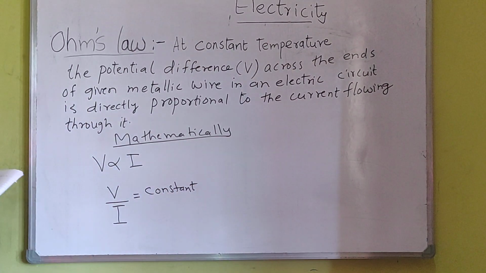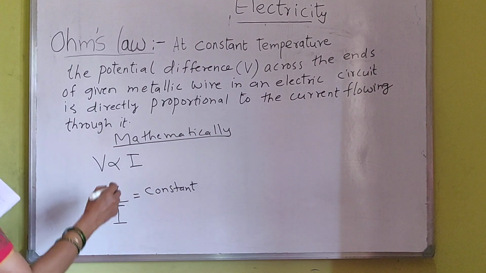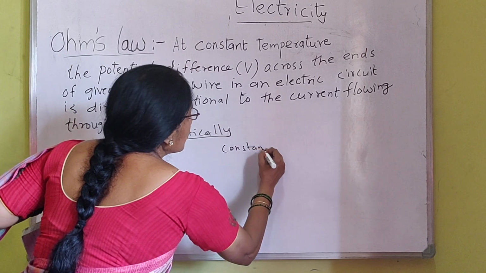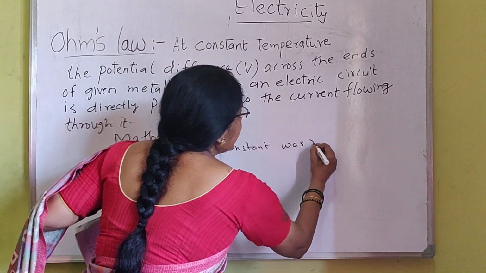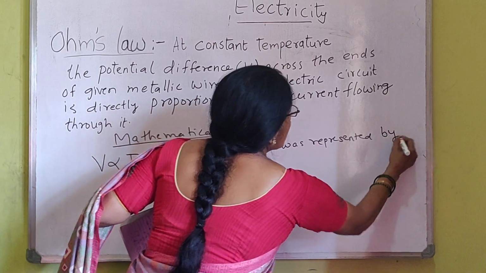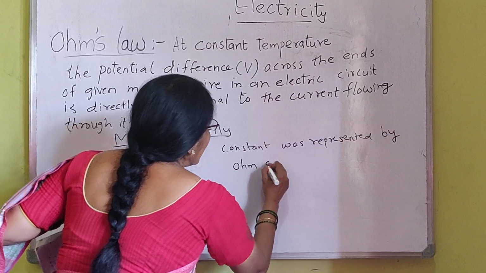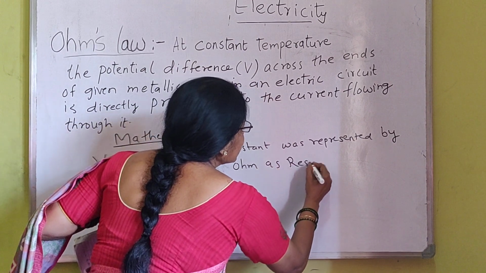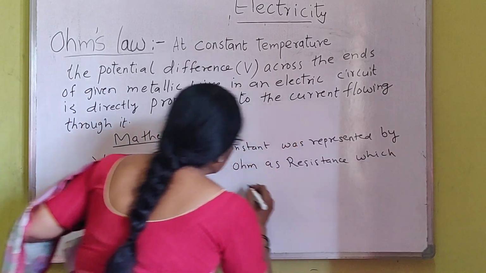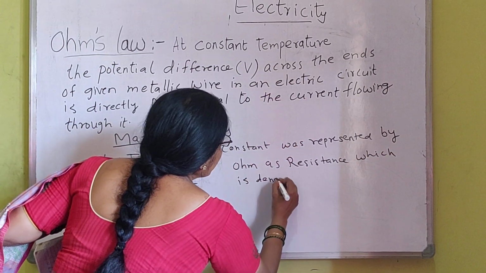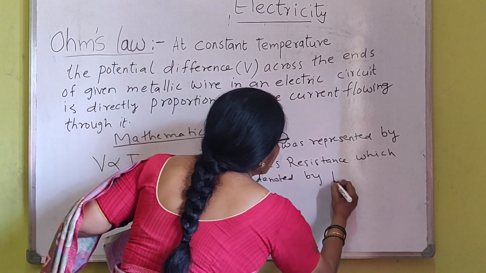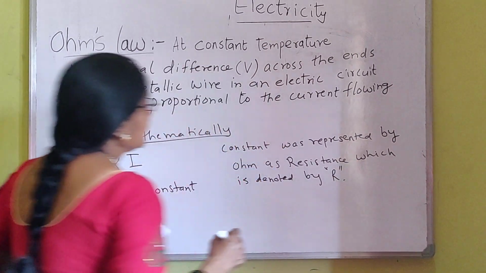This is what Ohm proved, and this constant was represented by Ohm as resistance, which is denoted by R. R means the resistance.